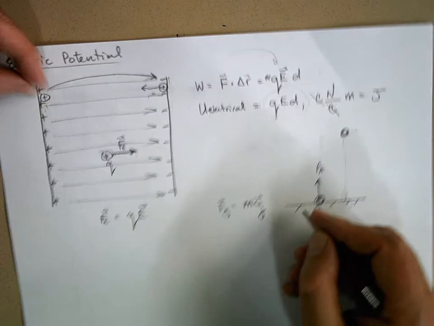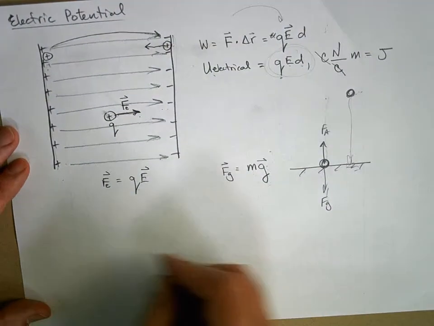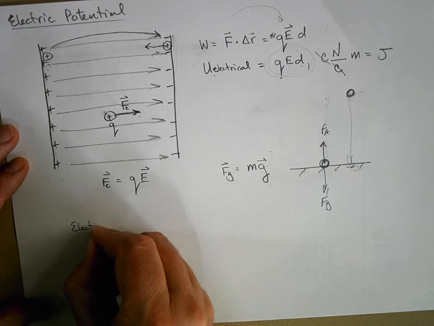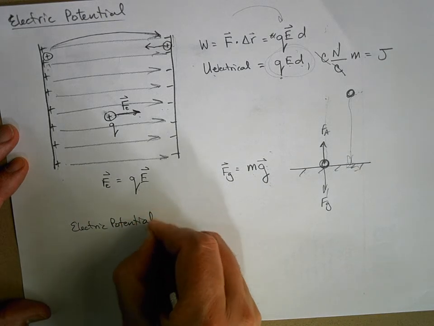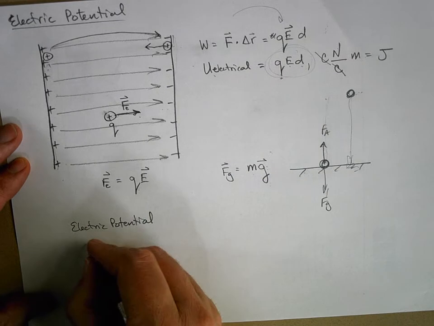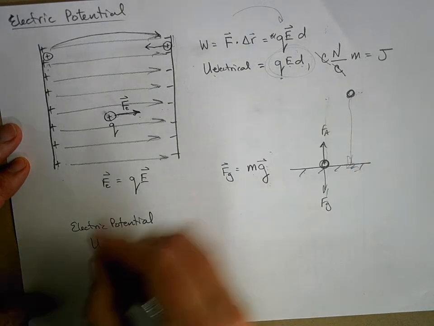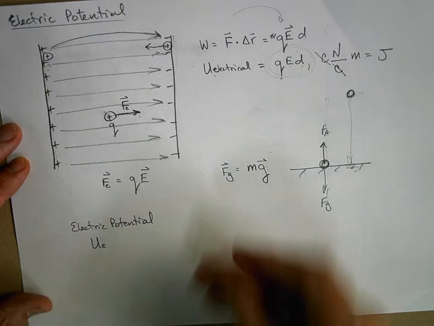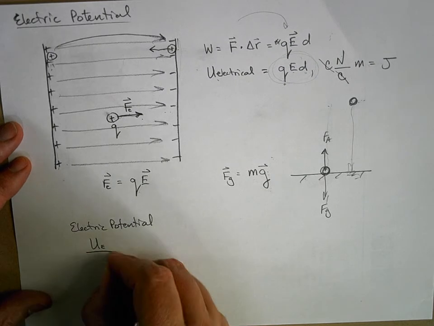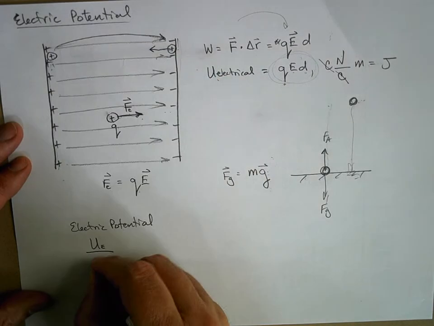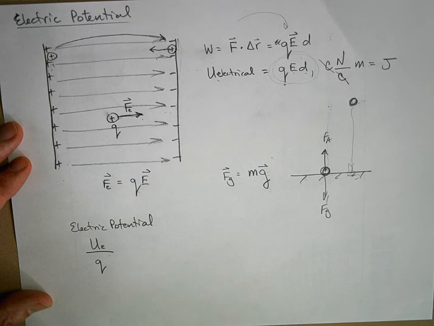Let me write it down here. Electric potential. It's when I take the electric potential energy, and I'll put a capital E in there, and I'm going to divide it by my test charge, Q. Well, what does that equal?